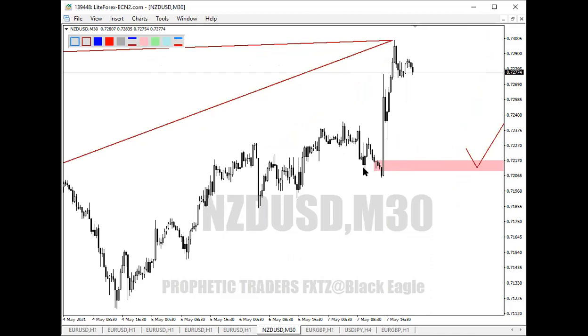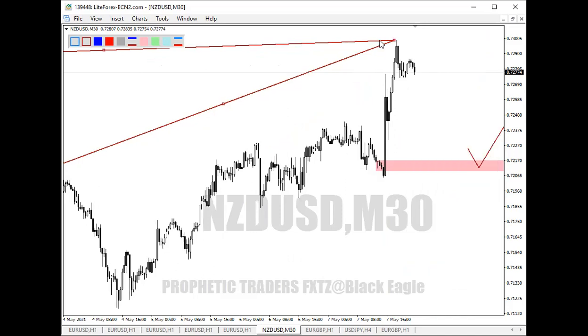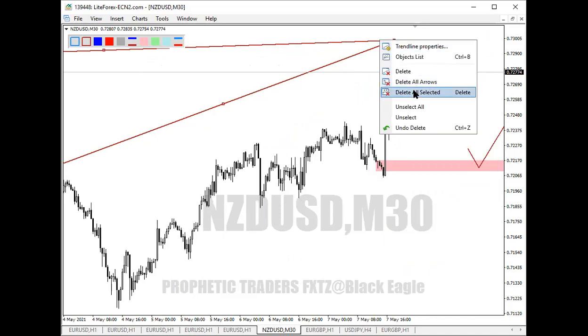Just the element of this model: low, high, low, low, high. Yeah, this one. So let's go to high time frame. This is a minor trend, just the retracement.